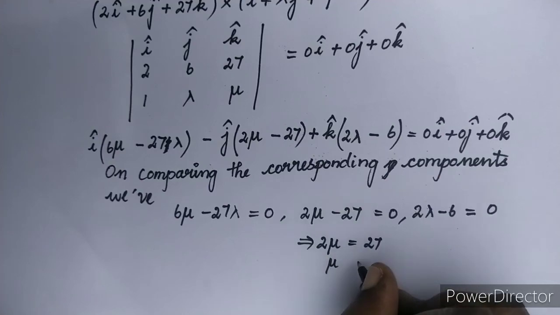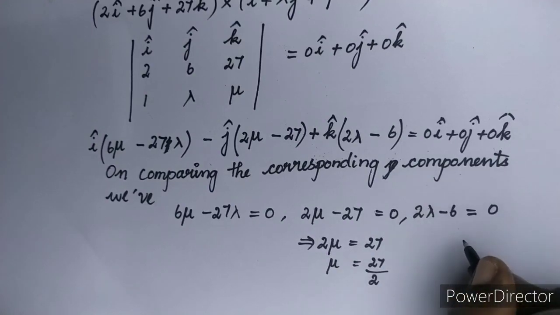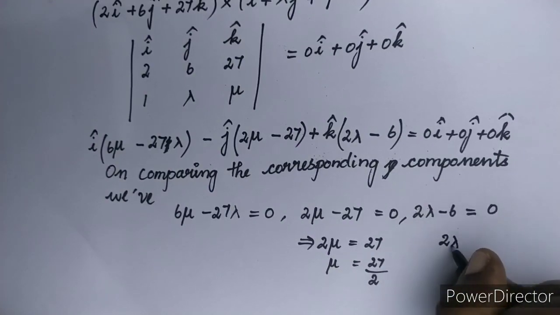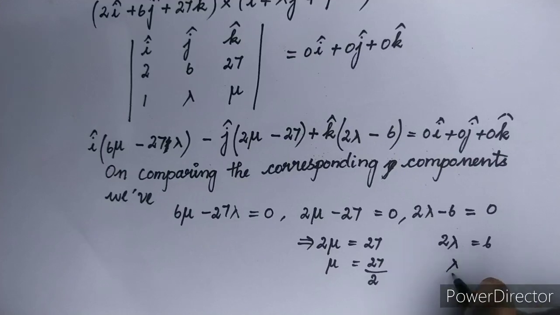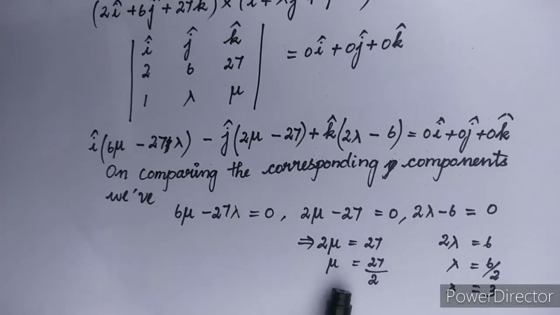So mu will be equal to 27 by 2. And again 2 lambda minus 6 equal to 0 means 2 lambda will be equal to 6 and lambda will be equal to 6 by 2. 6 by 2 is nothing but 3. So lambda is equal to 3. So we got lambda value to be 3 and mu is equal to 27 by 2.